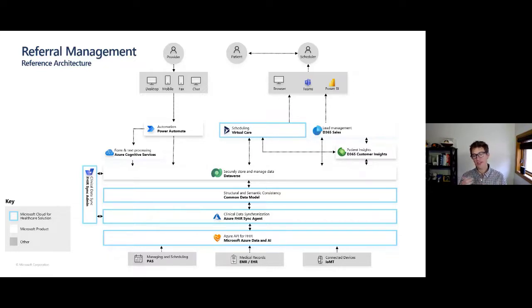If we can only process so many of these, or if there are certain types of procedures where they need to respond very quickly, how do we make sure those are prioritized to the top of somebody's queue to follow up on and do that scheduling?